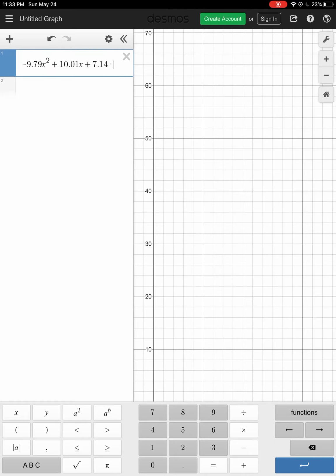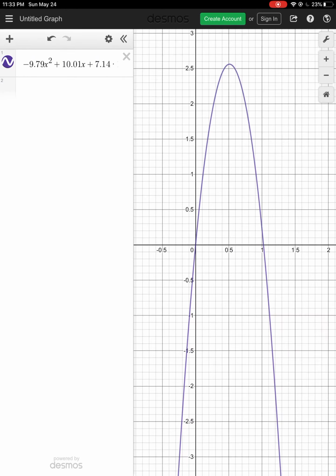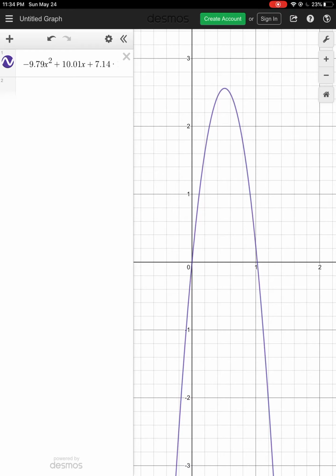So mine's going to be slightly off because I am going to have to round these values. Okay, so if you look, there's my graph now drawn out. Now, if you use your calculator and use the window that I provided, it will come up. It's just my calculator is not graphing it for me.